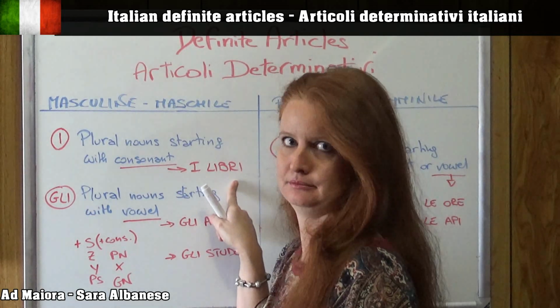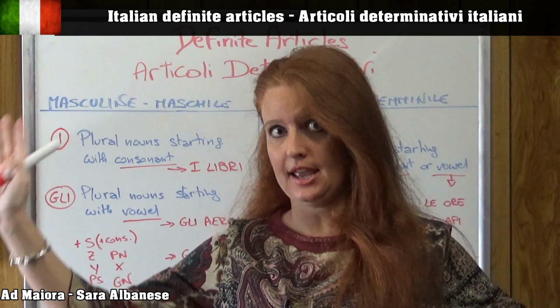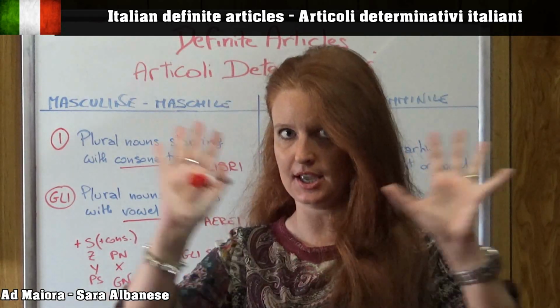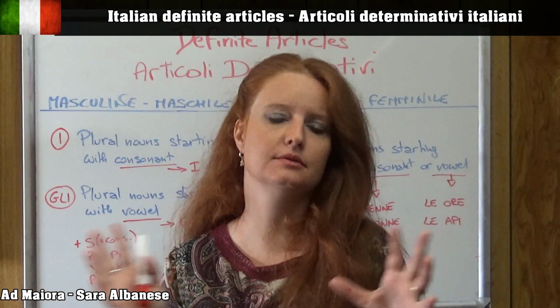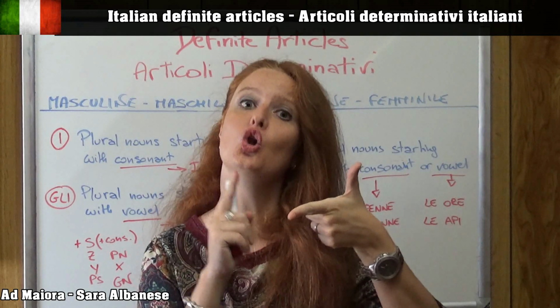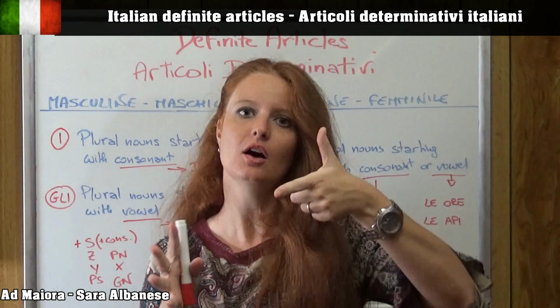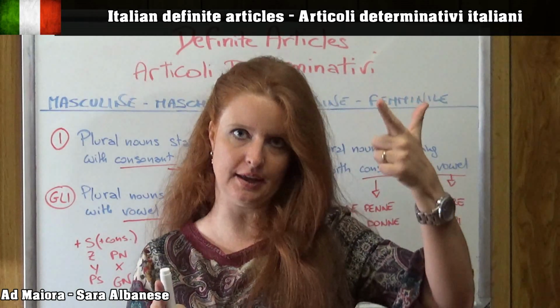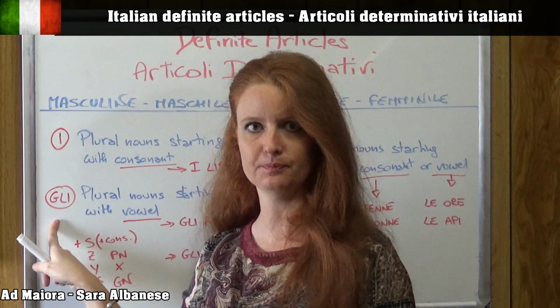In any other case, that's the plural form that corresponds to L apostrophe and also lo, the final one that was so confusing. Both of them have just one plural form, and it is gli.